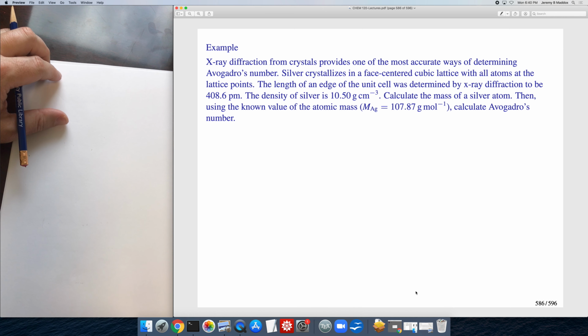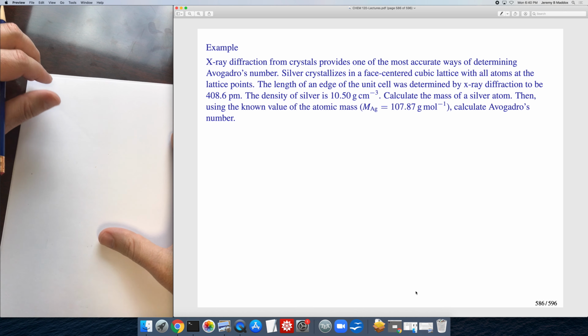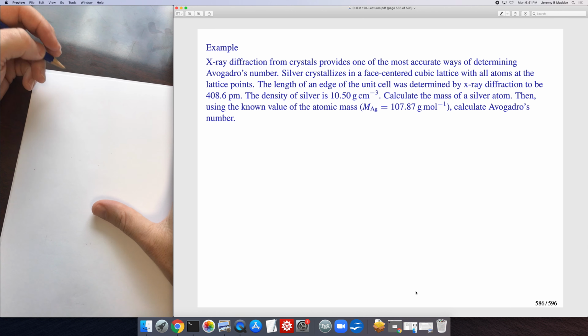So let's just do the second calculation, where we'll calculate Avogadro's number using the known molar mass. So it's really just the reverse of the calculation that we did before.